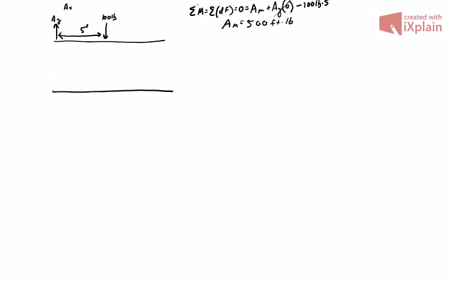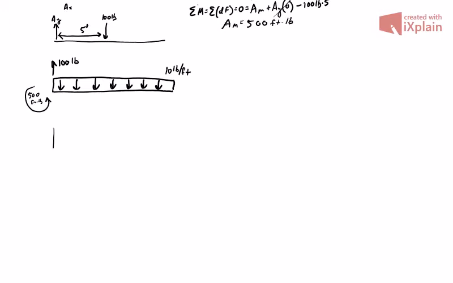I'm going to draw the distributed load first, which goes over the whole thing, 10 pounds per foot. And at the wall, we have a positive 100 pound vertical force, and our 500 foot-pound counterclockwise moment at the wall as well.